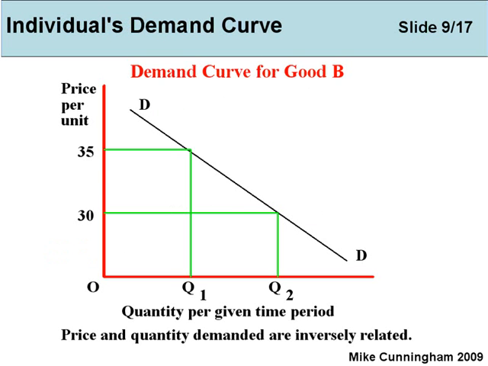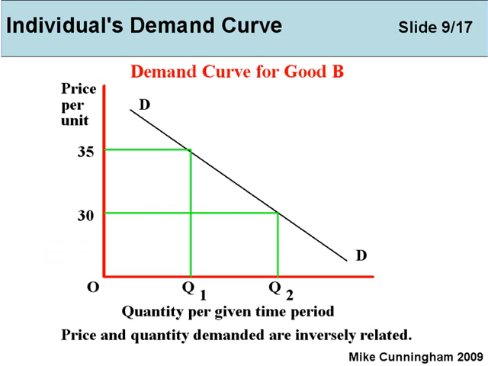In this case, we've got a demand curve for good B. We've got two prices, 35 and 30, and two quantities, quantity 1 and quantity 2. And we can see as the price increases from 30 to 35, less is demanded. We call that a behavioural assumption.